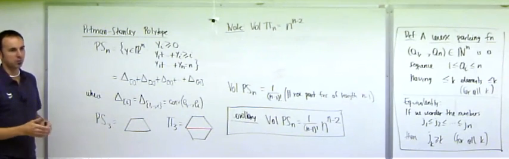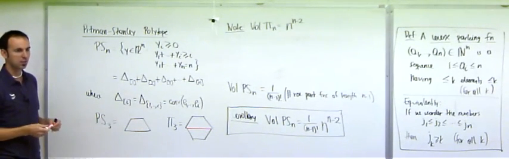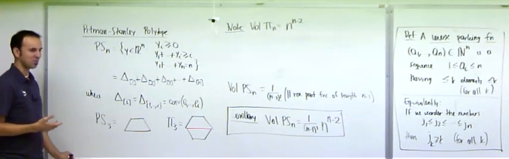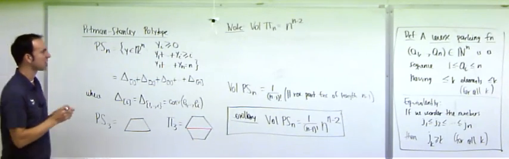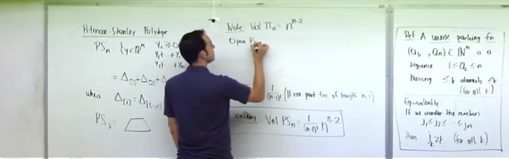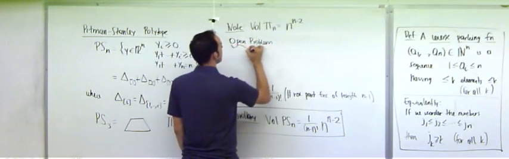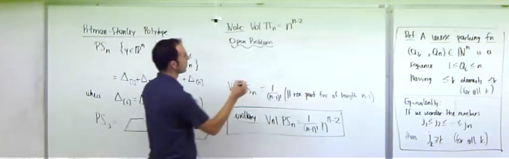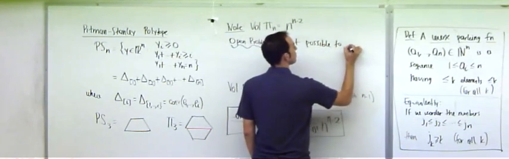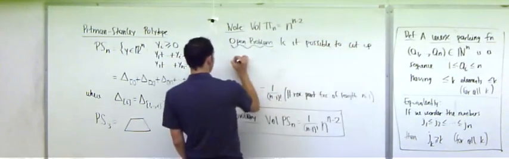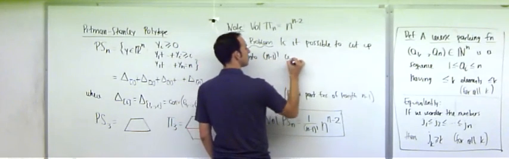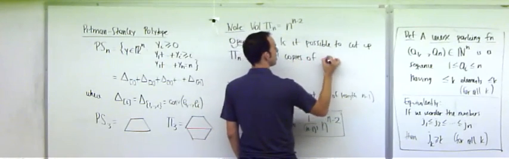So then I have an open problem for you, which is to do this for any dimension. I looked it up, and I don't think anybody has done this, but I think one of you should do it. So here's an open problem. I've never seen this before. Is it possible to cut up the permutahedron into n minus 1 factorial copies of the Pittman-Stanley polytope?